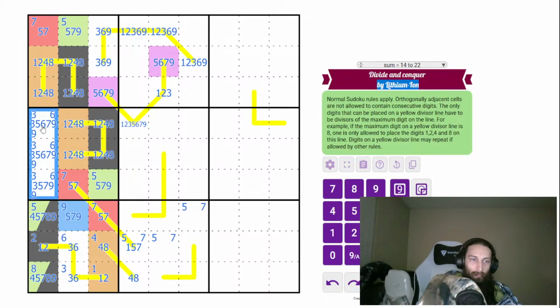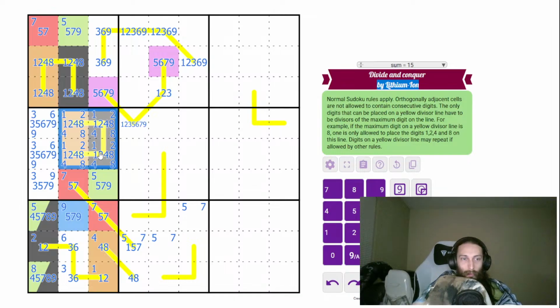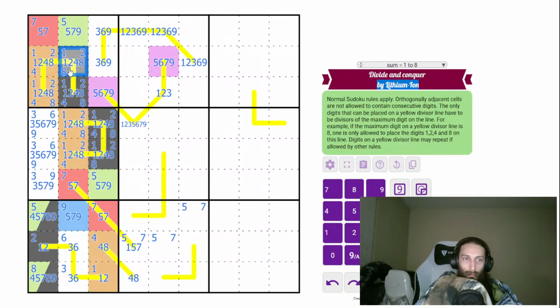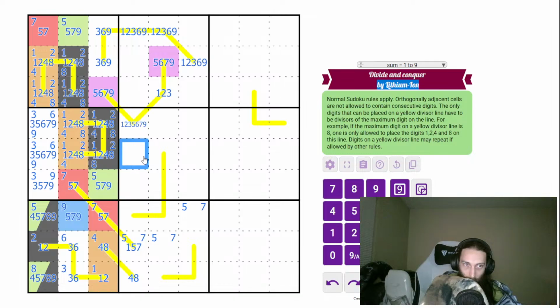Six, 9. Can't have a 6 next to a 7. 1, 2, 4, 8. Can't have 8 next to 7, 4 next to 5. 8 next to 7, 4 next to 5. 4 next to 5.